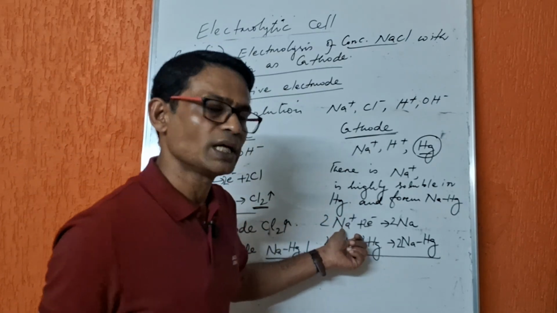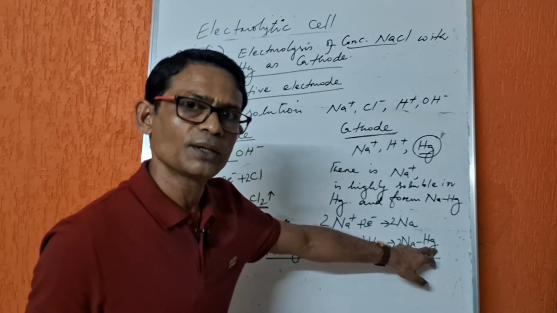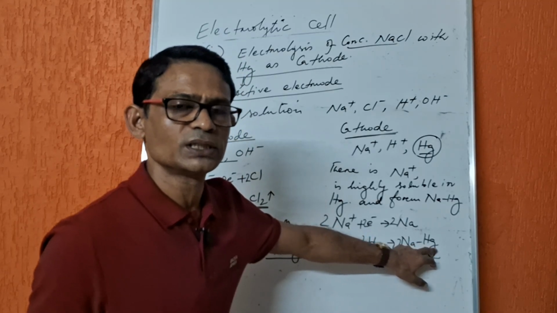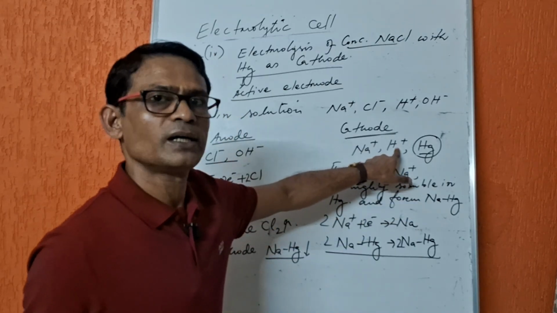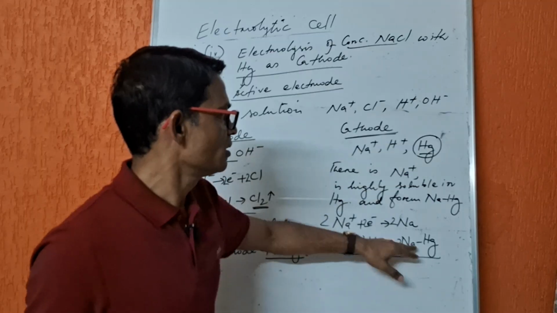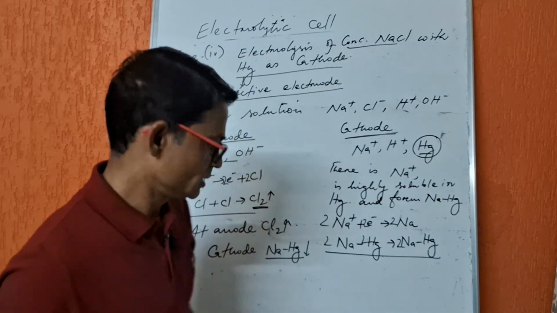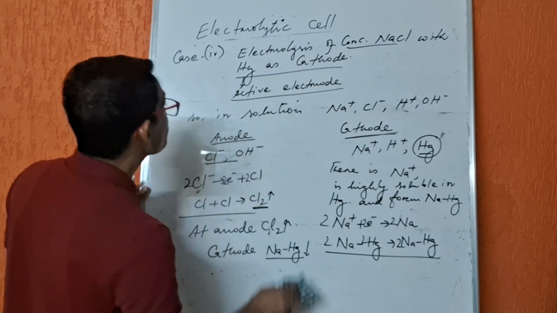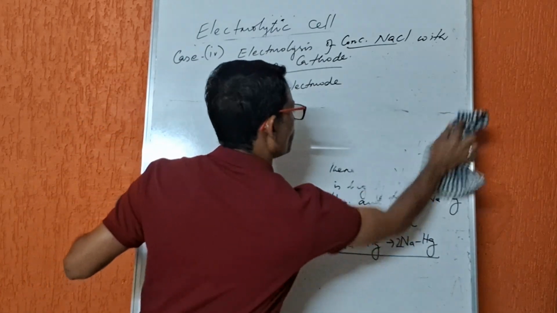Na plus forms the amalgam with mercury, with high solvation energy. Due to that, instead of H plus, Na plus will be reduced and form the sodium amalgam. That's it.